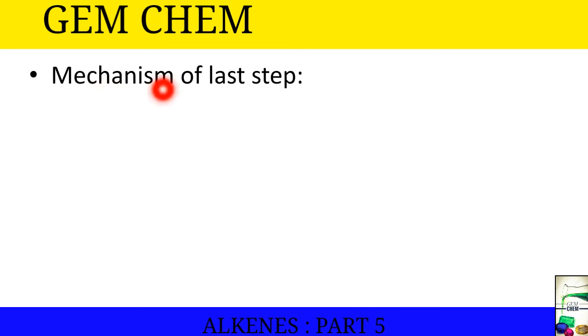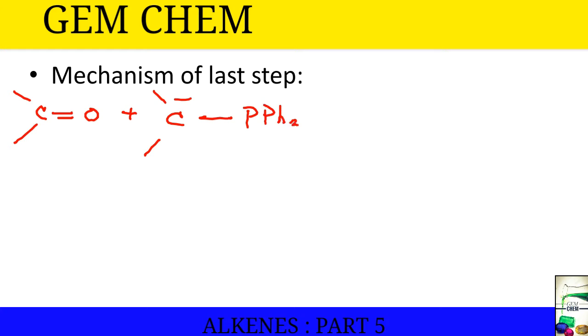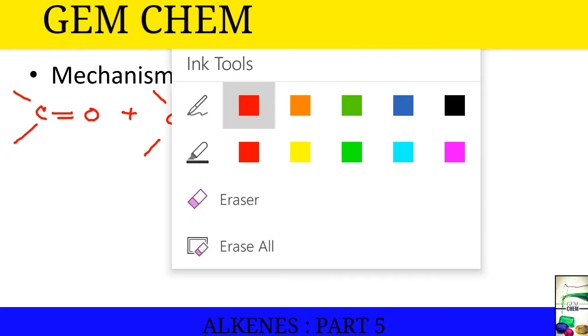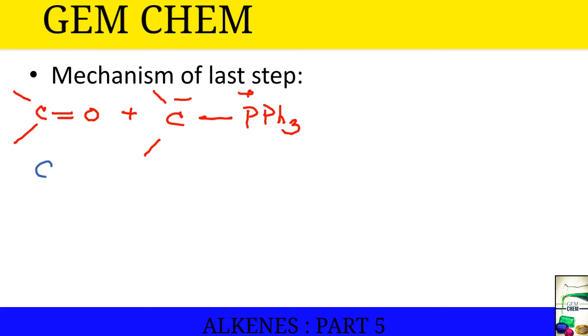Now we will see the mechanism of the last step. Now see, this is our carbonyl, and this is our ylide, the Wittig reagent. Now what happens? First, there will be carbon-carbon bond formation, and then oxygen-phosphorus bond formation.